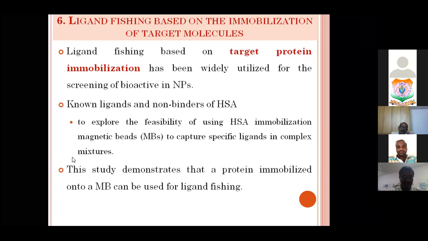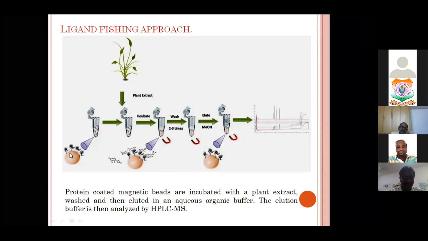Here you see, this is a protein coated magnetic bead, incubated with the test extract. This is the test extract, this is the plant, this is the extract, and the magnetic coated beads are incubated with that, and then washed.